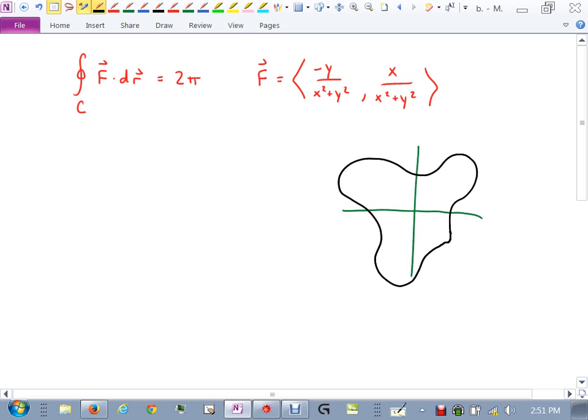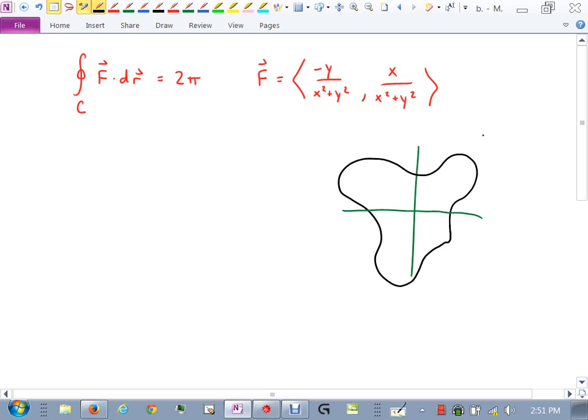All right? There's no way to check every path, right? There's just absolutely no way. So here's what we're going to do instead. And this is very tricky. Probably you wouldn't have thought of this on your own, which is why we show it to you. What we're going to do is we're going to call this C, right?